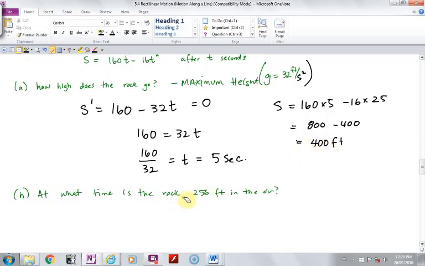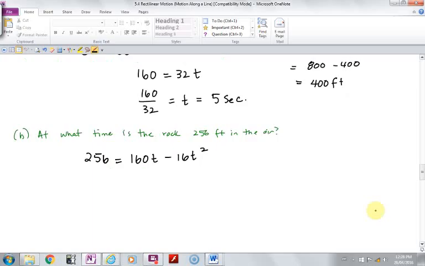So now the question is, at what time is the rock 256 feet in the air? Make what equal to 256? Right, so we want to put our position as 256. And to solve that for t, what are we going to do?